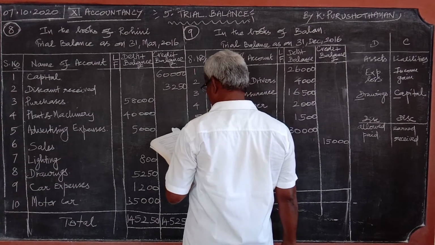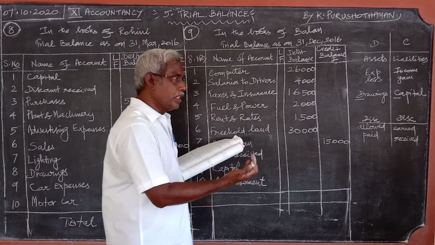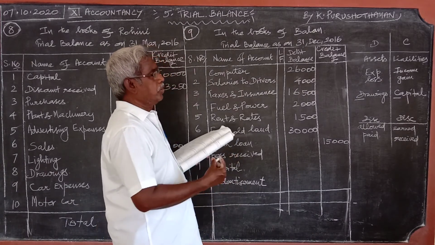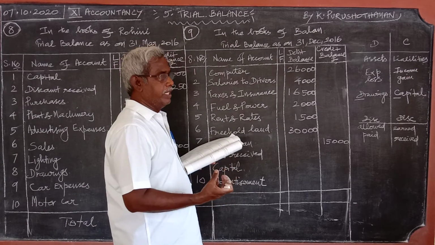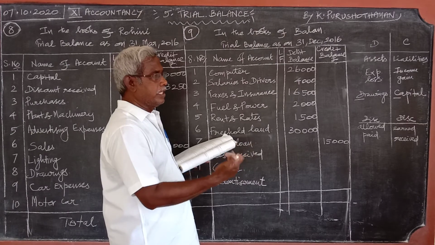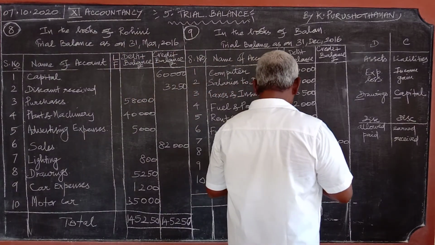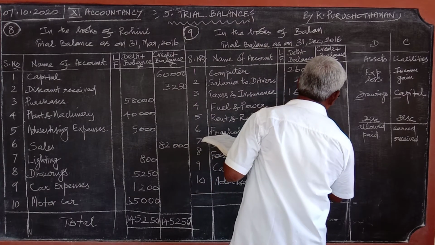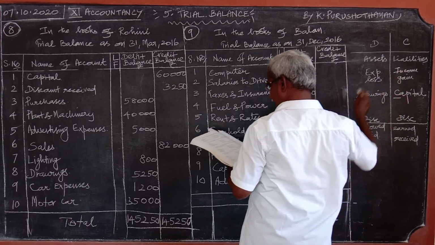The next item, fees received. It is an income. Fees received means receiving fees, so it is an income. Because he has a car driving school, and the learners there pay fees for learning. Therefore, that fees received is an income for him. So fees received 18,150. It is an income. So you write it on the credit side.